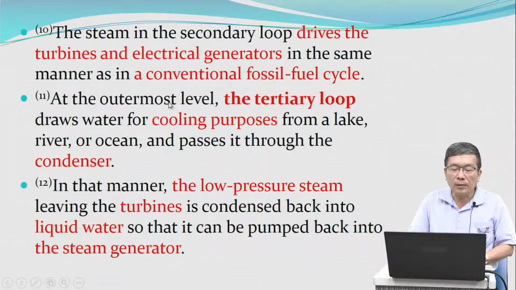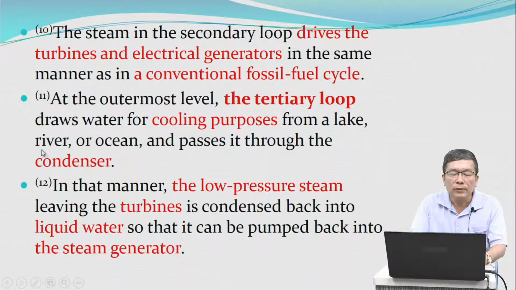At the outermost level, the tertiary loop draws water for cooling purposes from a lake, river, or ocean, and passes it through the condenser.